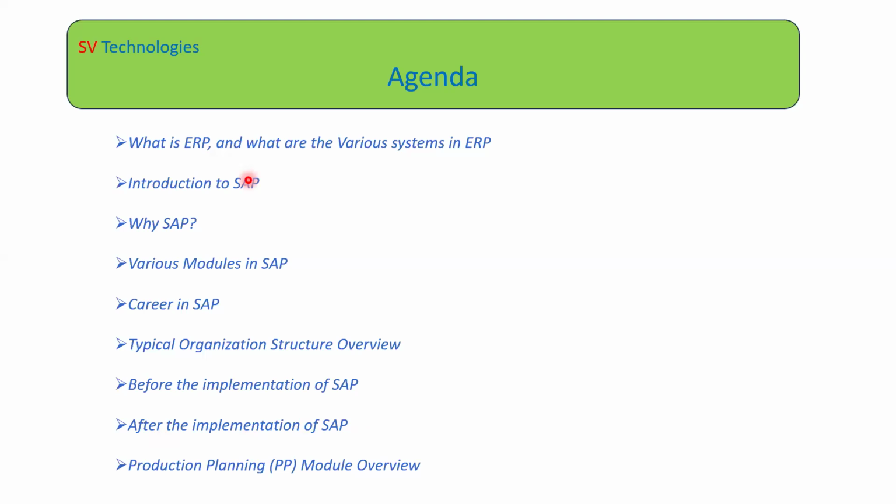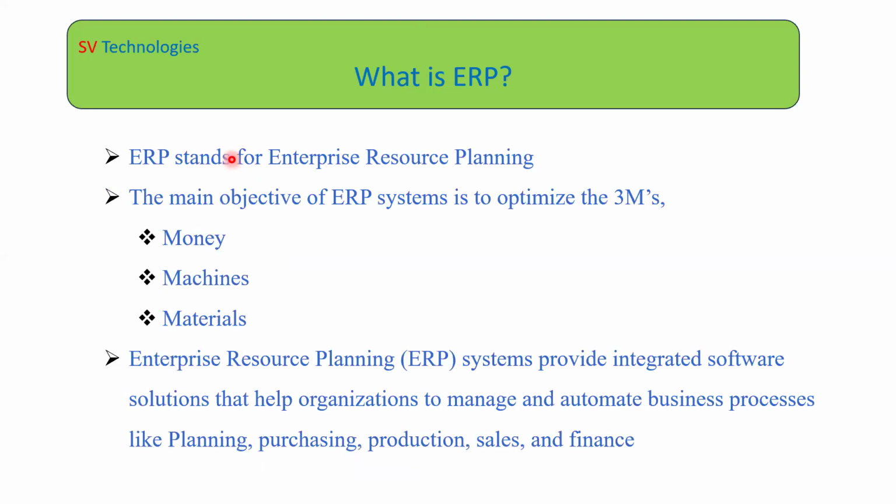First, I'll explain what ERP is. Before introducing SAP, we should know what ERP is. ERP is enterprise resource planning. The main objective of any ERP is to optimize the three M's: money, machines, and materials. Any organization works around these three.